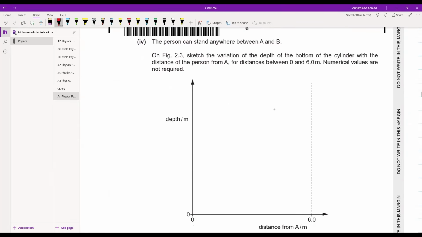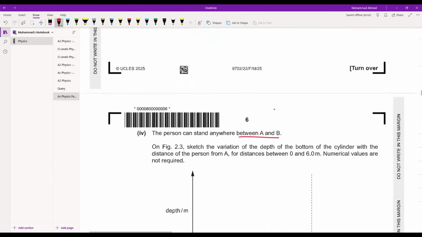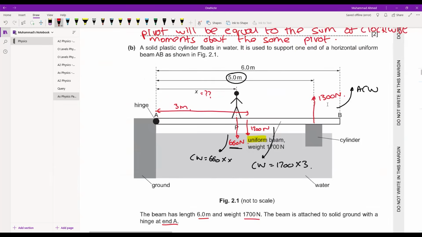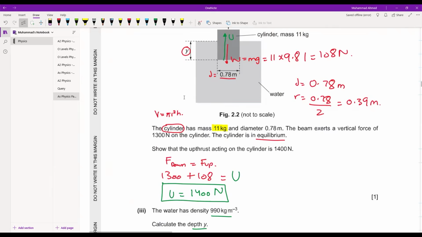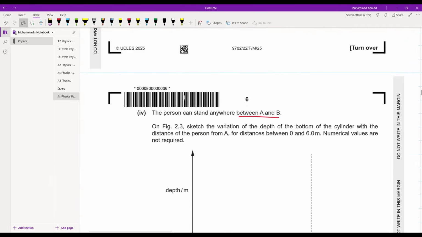The person can stand anywhere between A and B. So this little person can stand anywhere between point A and point B. On figure 2.3, sketch the variation of the depth of the bottom of the cylinder with the distance of the person from A. For the distances between 0 to 6 meters, numerical values are not required.